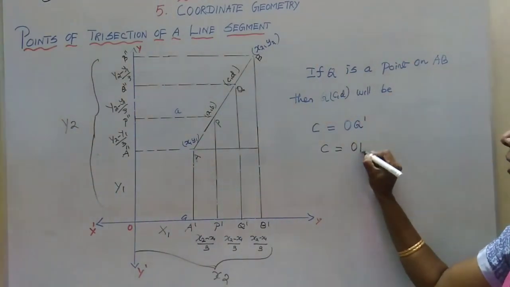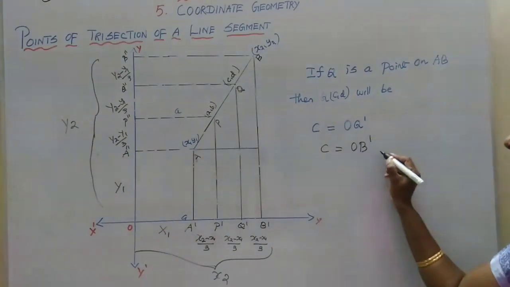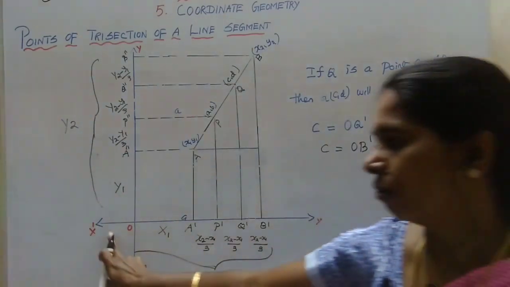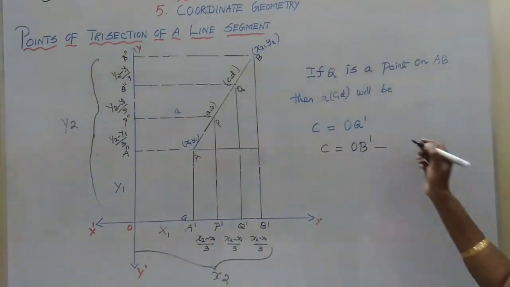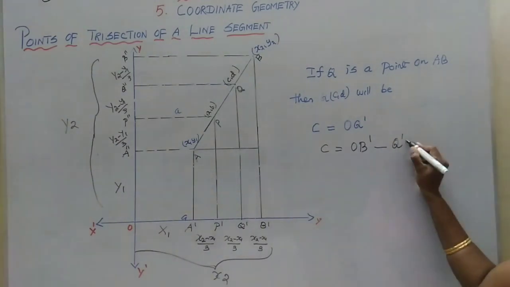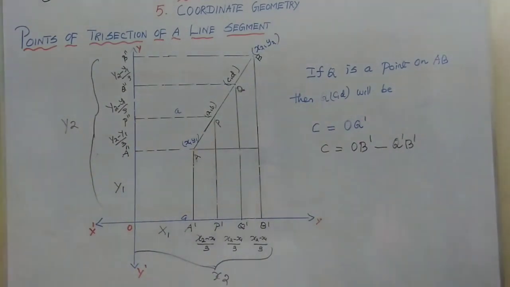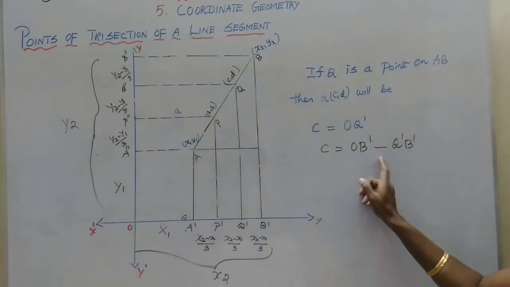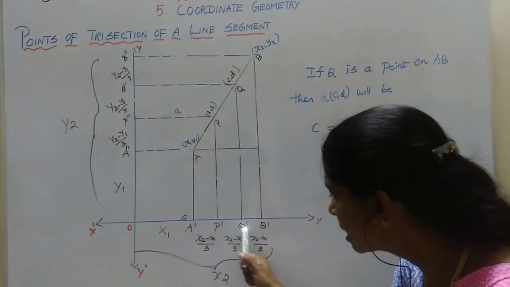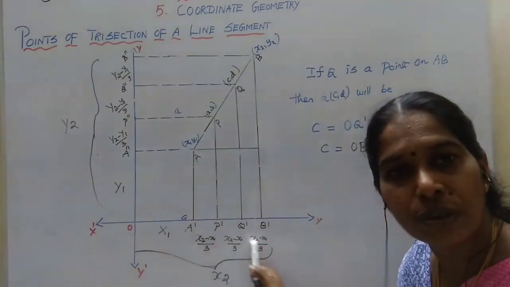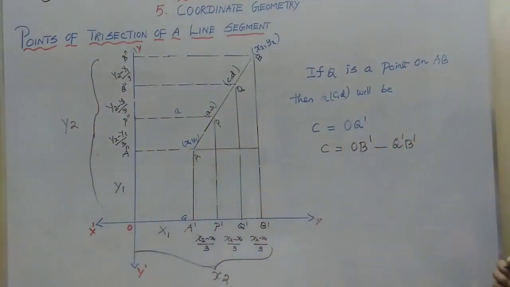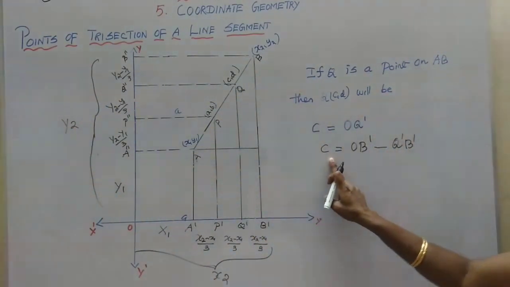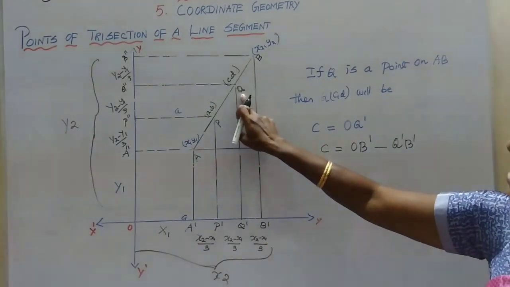OQ dash equal to full length OB dash minus, I don't want this Q dash P dash. Understand? Full length I am taking OB dash minus, I am subtracting this small part Q dash B dash, to get what point? C. C is the coordinate of Q.